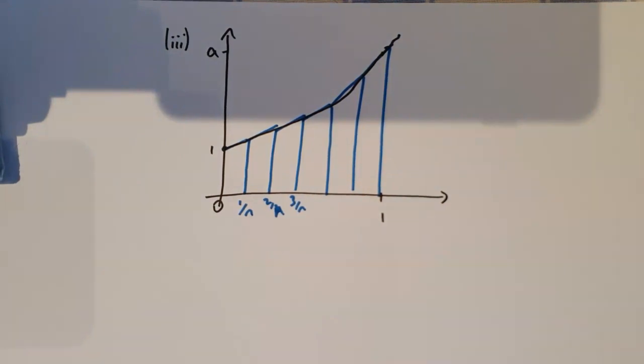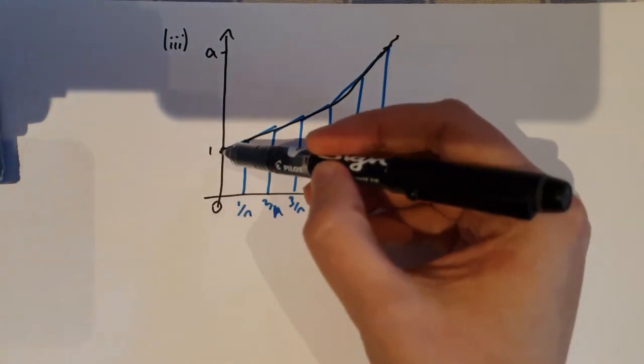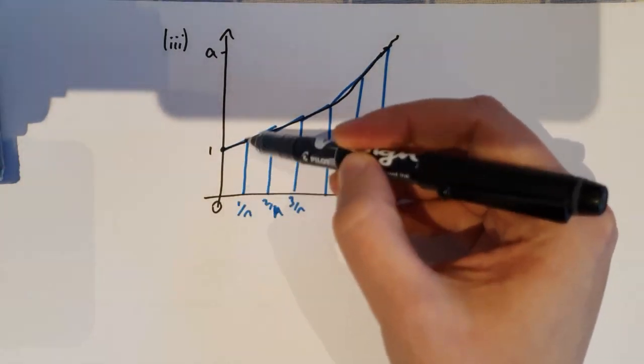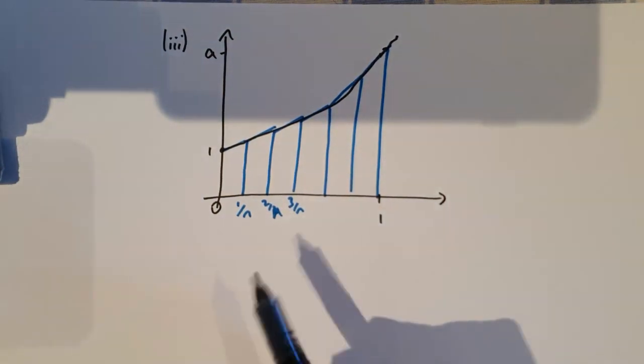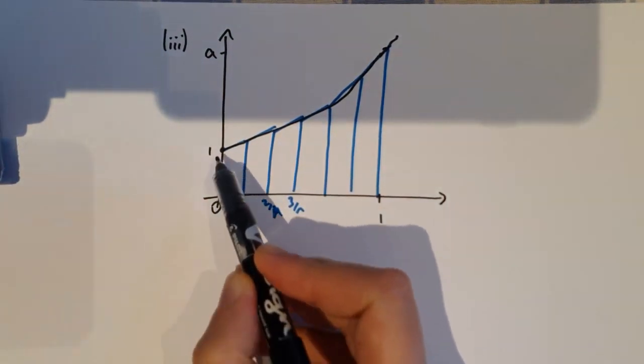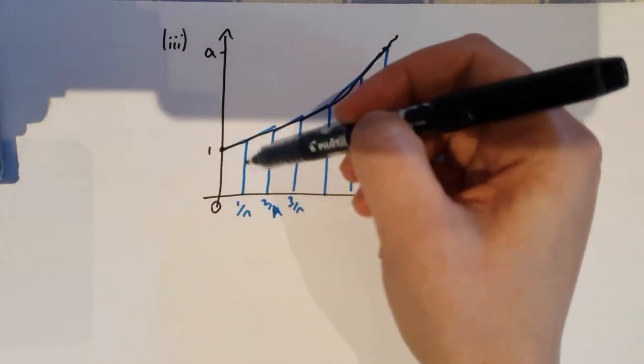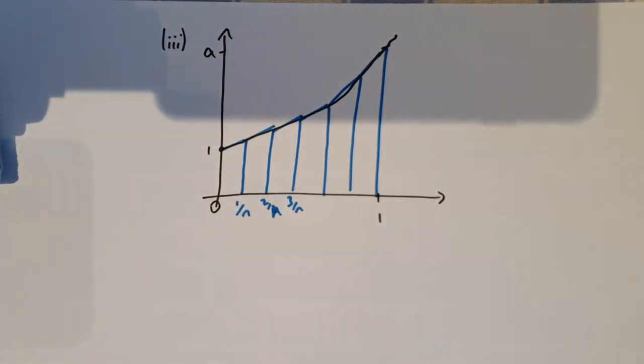And while I can't remember a formula for the trapezium rule, I can remember how to work out the area of a trapezium, because we average the lengths of these two parallel sides, and then we multiply by the width. So we make it like a rectangle with the average height going on there.